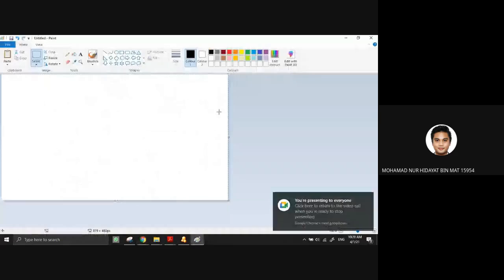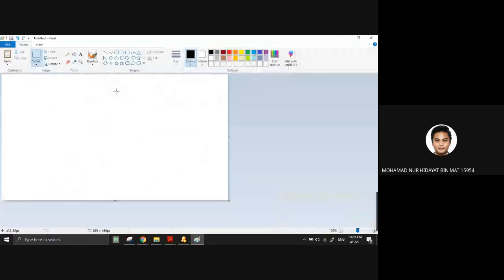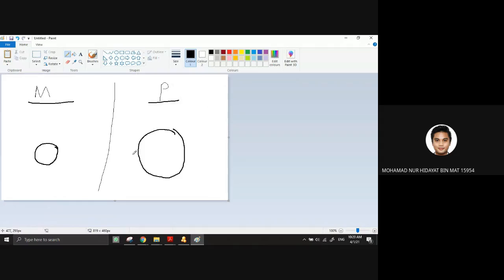What's the kinematic similarity? For example, this is the model, this is the prototype. For example, this is the ball, this is the prototype ball. The flow is in this direction.